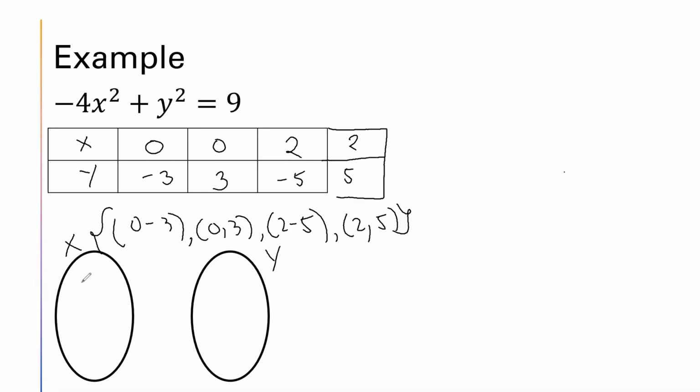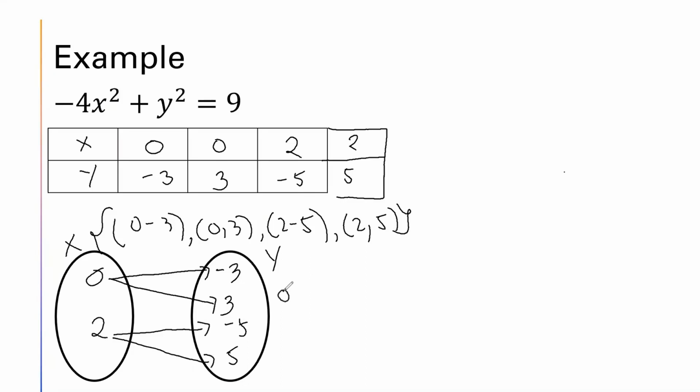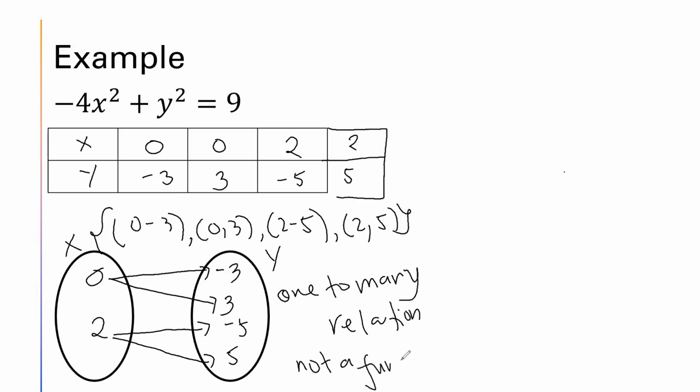Write all the elements of x here, 0 and 2, and all y's here: negative 3, positive 3, negative 5, and 5. So we map 0 to negative 3, 0 to 3, 2 to negative 5, and 2 to positive 5. This is what we call a one-to-many relation, and a one-to-many relation is not a function.